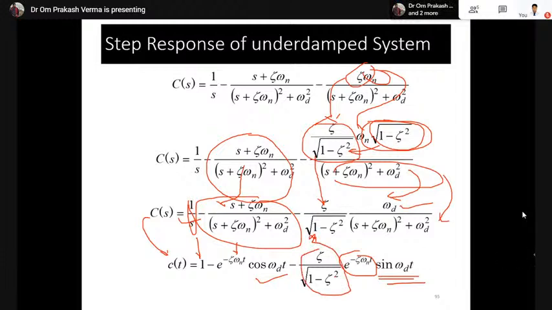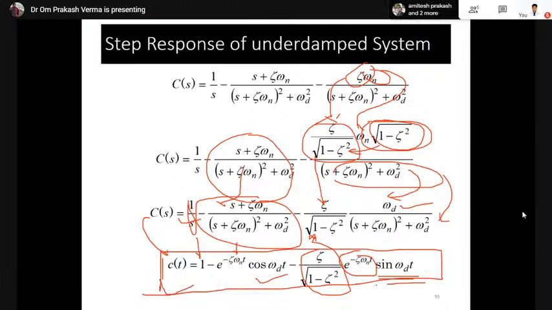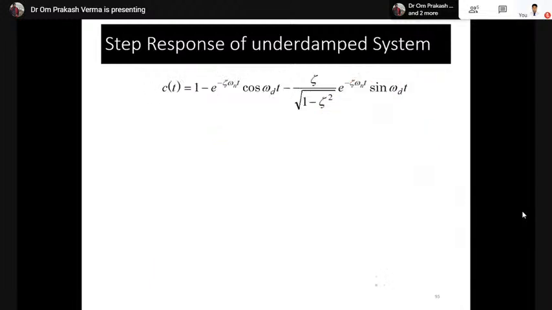So I think there is no problem in this equation also, but it is very, very important: the value found is c(t) equals 1 minus e to the power minus zeta omega n t into cos omega d t, minus zeta upon root under 1 minus zeta square e to the power minus zeta omega n t into sine omega d t. So this is the final equation.